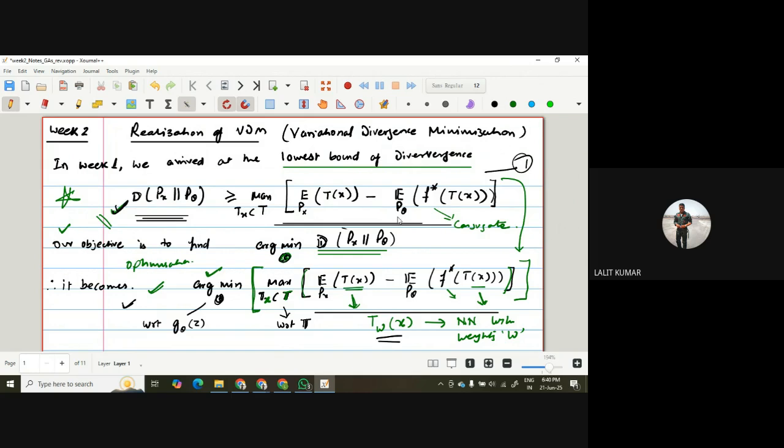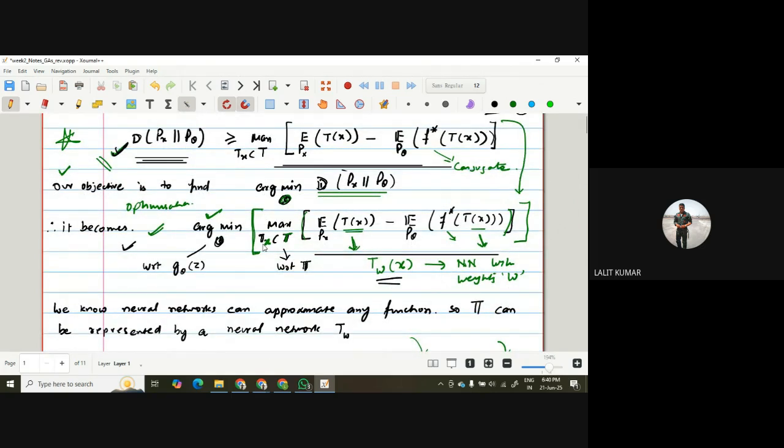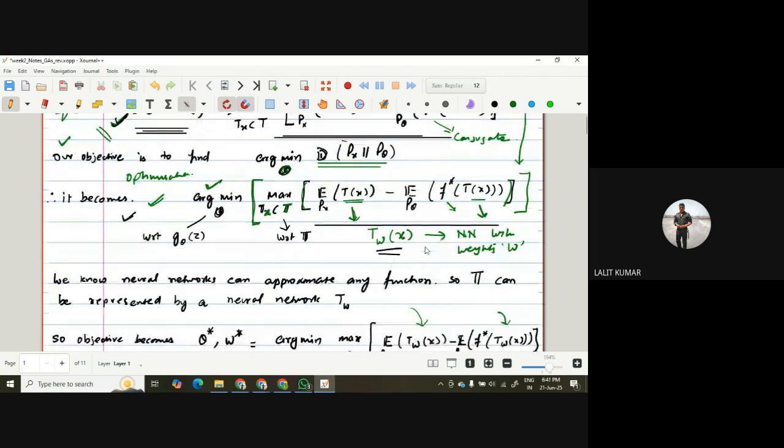But our original objective was to find the theta which minimizes this divergence. So our optimization problem becomes to minimize over theta, but to maximize over that T(x) for this equation. Then we utilized that this T(x) can be represented by a neural network, which we call T_W(x), where the W are the parameters or the weights of the neural network.